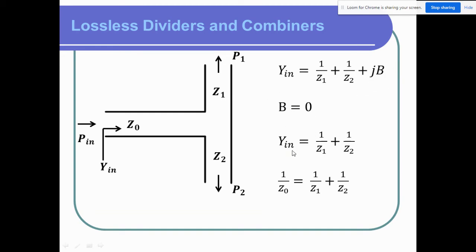So it means Y in is equal to 1 by Z1 plus 1 by Z2, which is actually in parallel to Z0. So we now know that these two junctions are actually parallel with this input junction. Now we go deeper into the analysis.